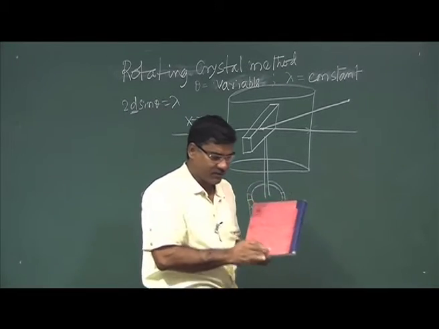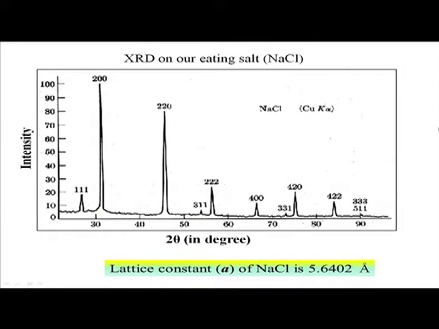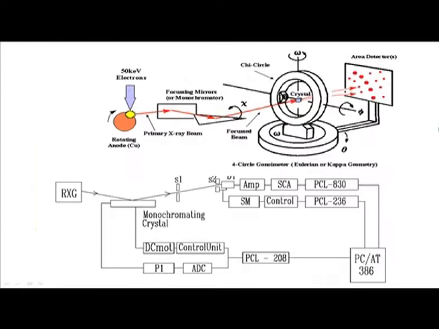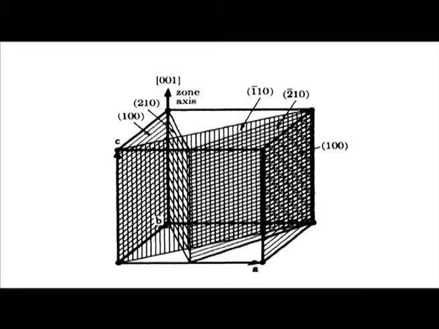So I have one figure, so I will show you. It is like this. Okay. So all these planes are here, 100 planes, you see 1 bar 10 planes, 2 bar 10 planes, all these planes are parallel to this axis.